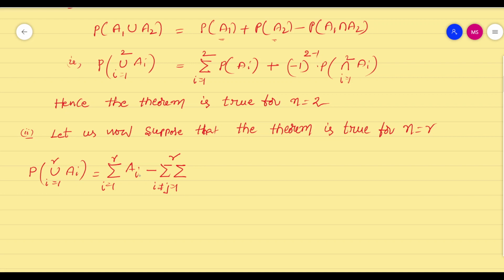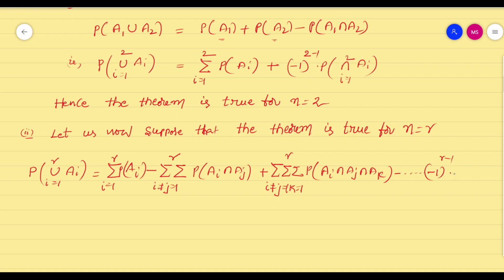Okay, onto this. This is p of a into p of ai intersection aj, plus triple summation i not equal to j not equal to k, 1 to r, p of ai intersection aj intersection ak, minus, and so on, whole to the power of r minus 1, into p of intersection i is equal to 1 to r ai, right?